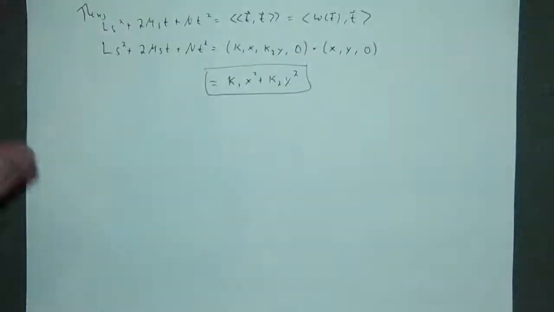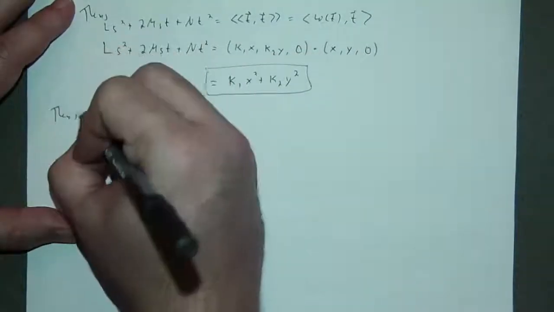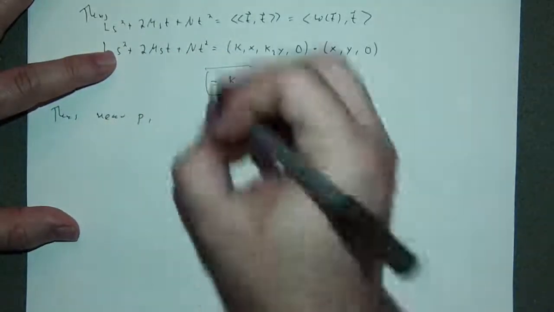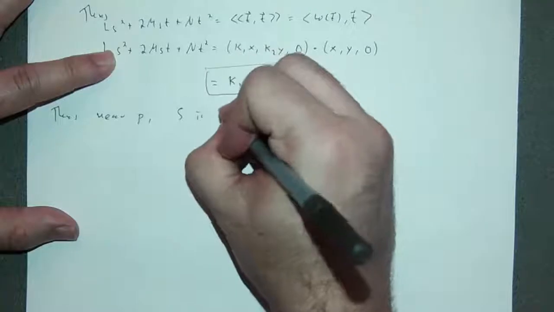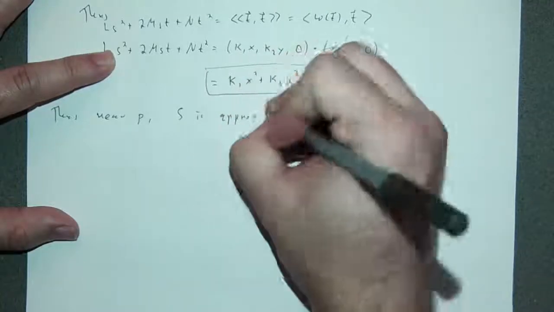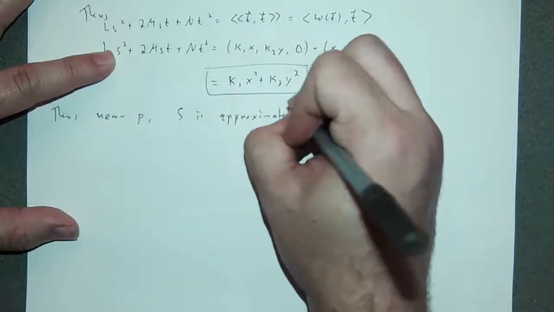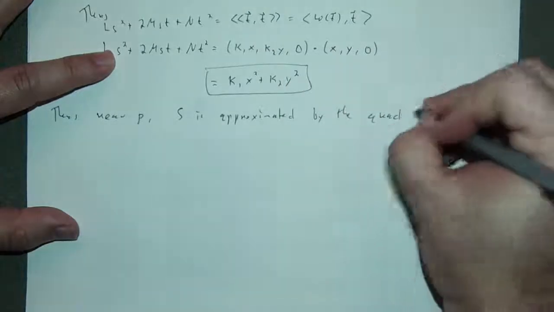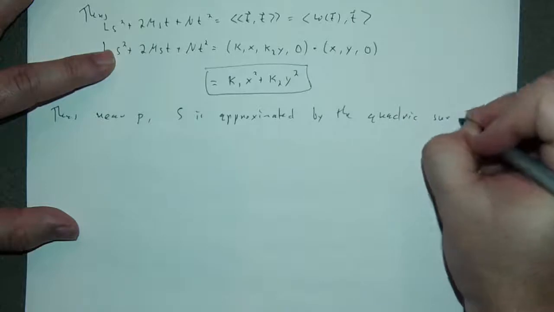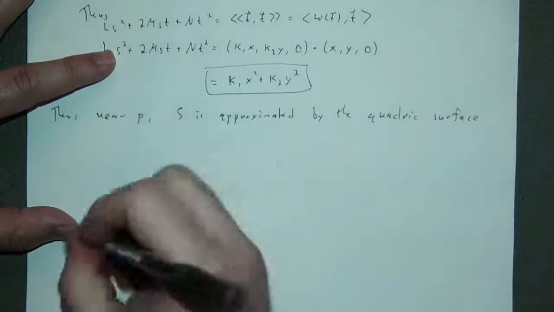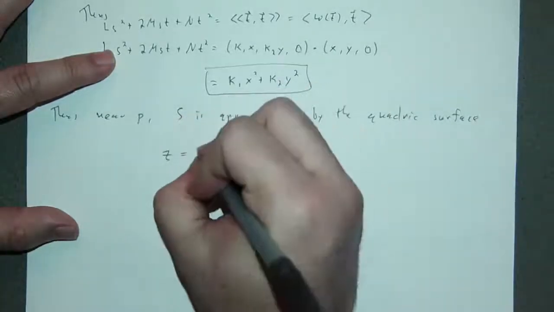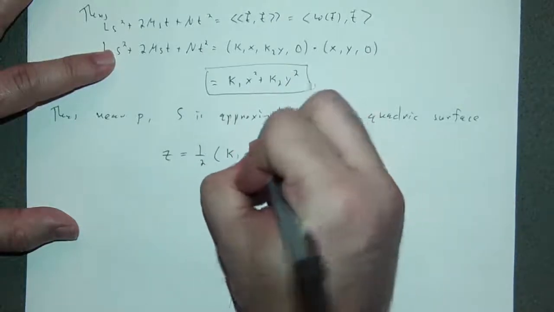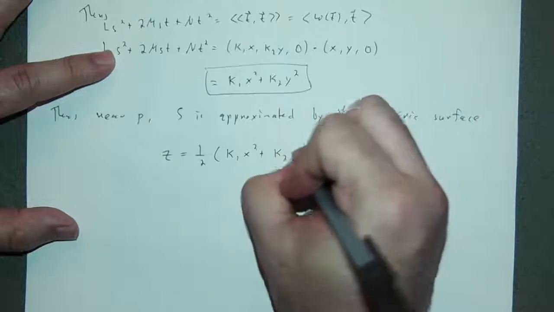What is the point? Thus, near P, S is approximated by the quadric surface z equals 1/2 times (kappa sub 1 x squared plus kappa sub 2 y squared).